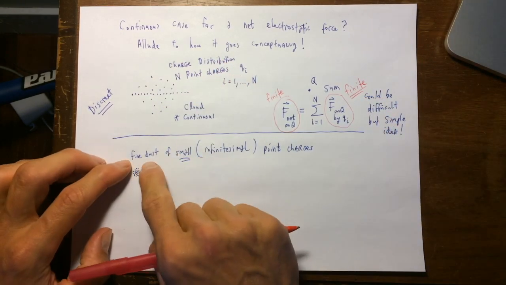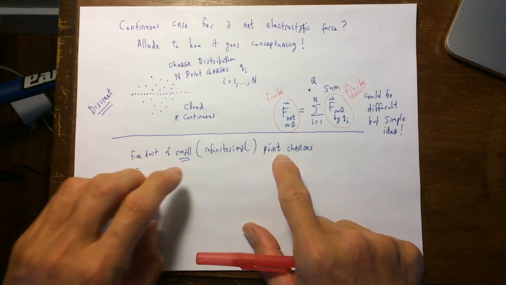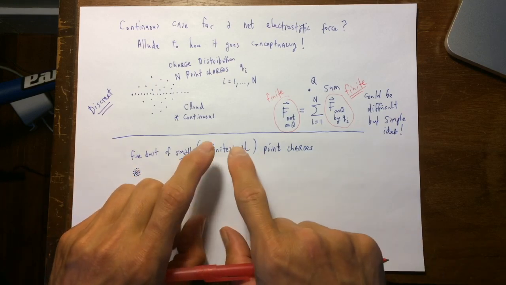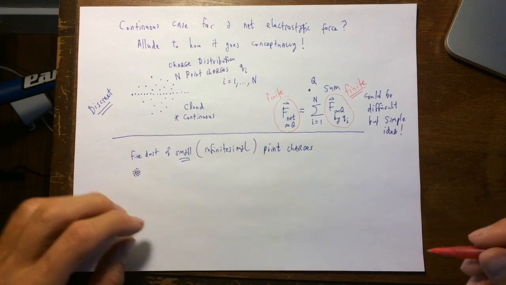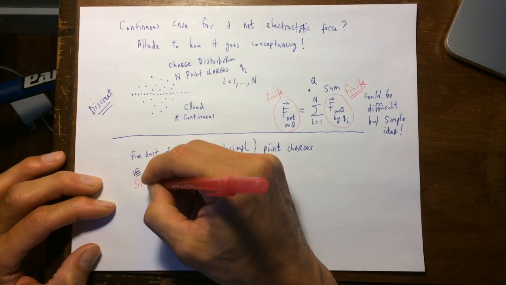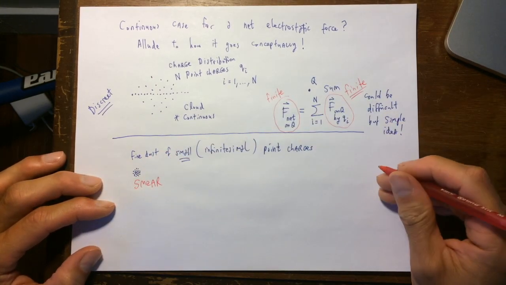If I go to a fine dust, infinitesimal point charges, these are very, very small, this is much more like a smear.